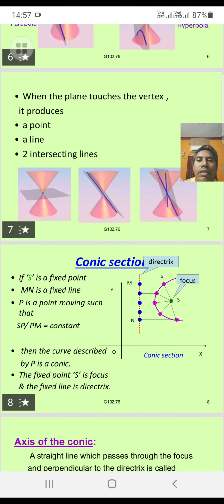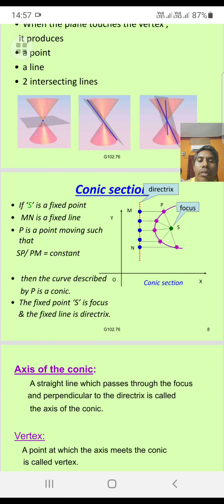Based on eccentricity, we classify them as parabola, ellipse and hyperbola.